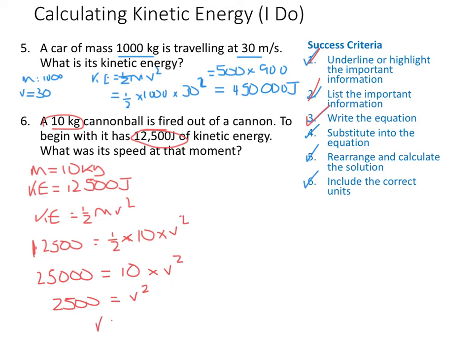So v equals the square root of 2,500, and fortunately that works out to be 50 meters per second. That is the most difficult type of question they can ask you, and even then, if you're using your math skills and relying on the success criteria, that problem becomes quite straightforward.